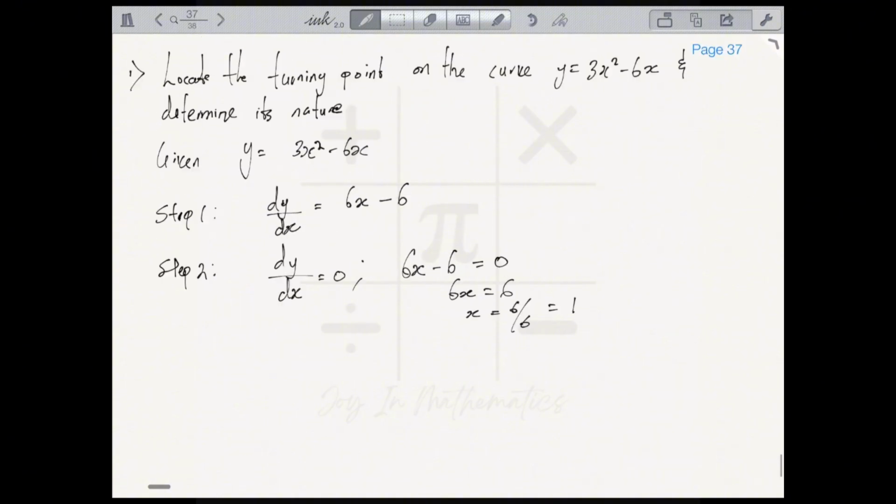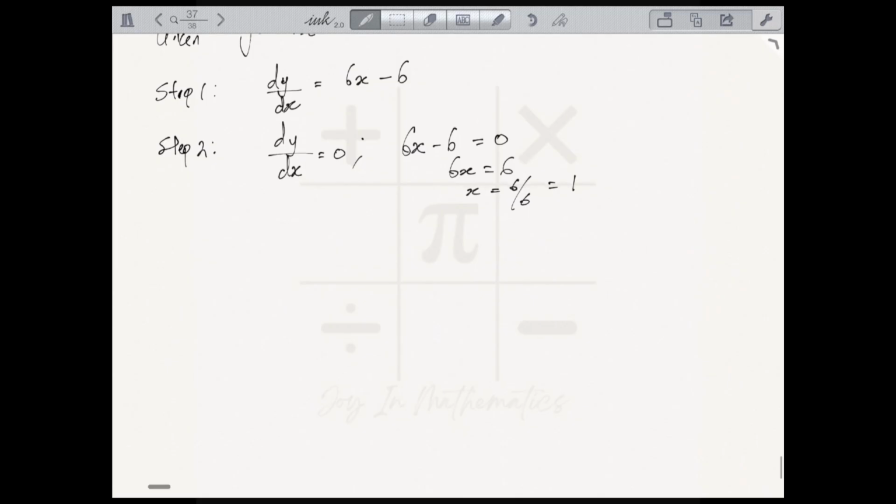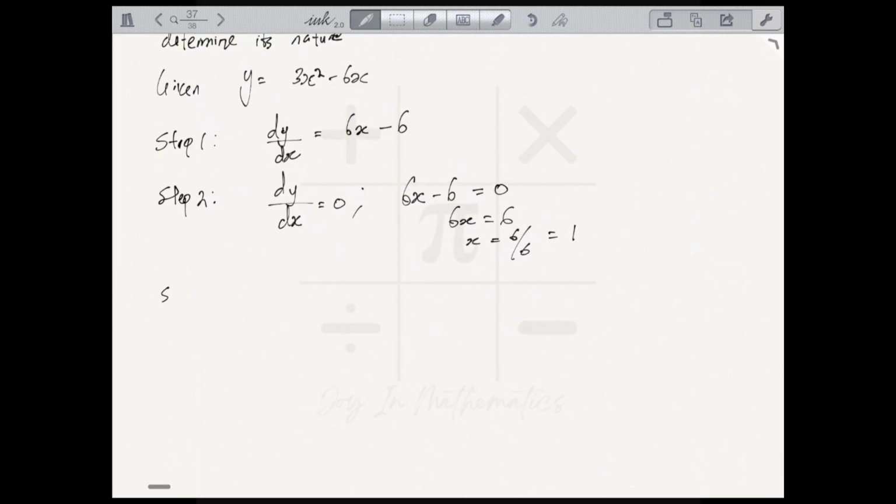Now step 3 says we should substitute the value of x into y equals f of x to find the corresponding y ordinate values. So step 3, we should evaluate y equals f of x at x equals 1. So we recall that y equals 3x squared minus 6x.